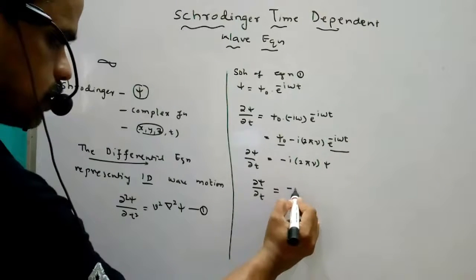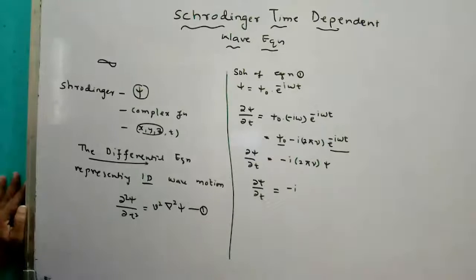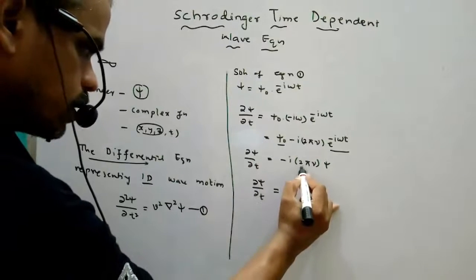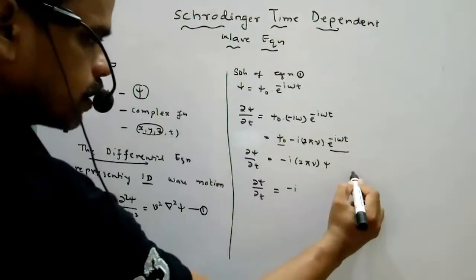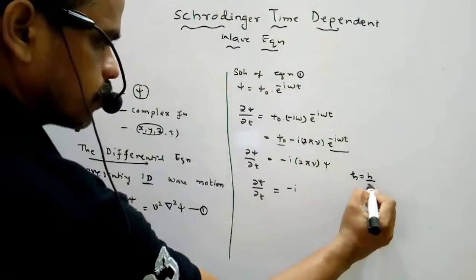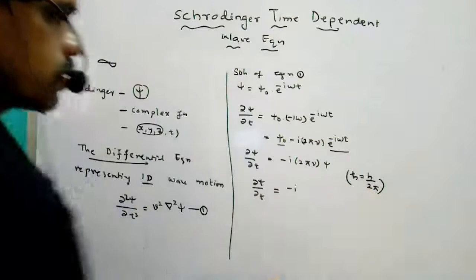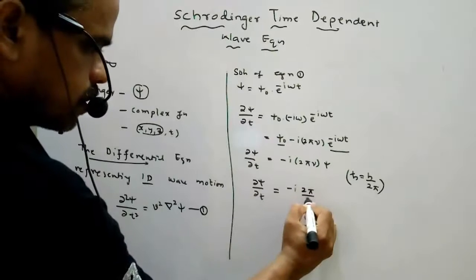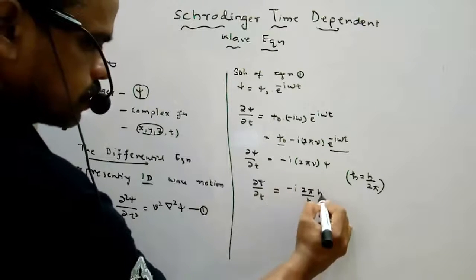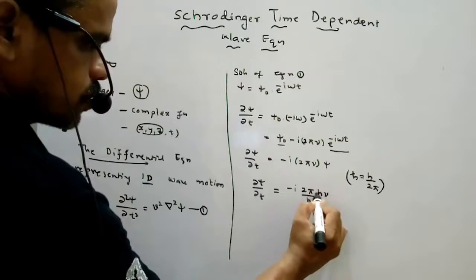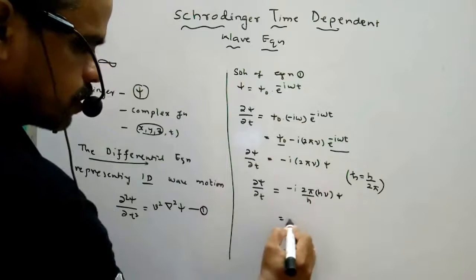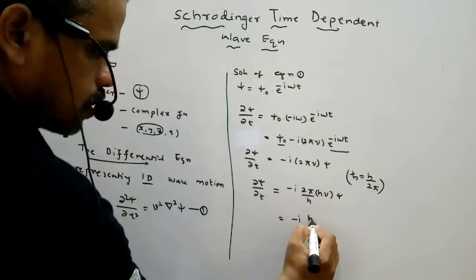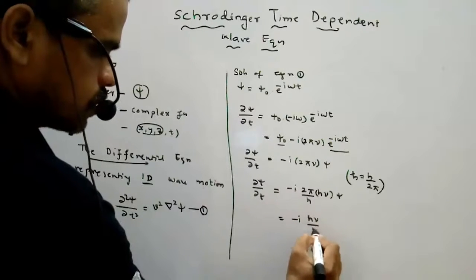So here h cut equals h by 2 pi. Just multiply with h and divide with h: nu into psi, so we can write 2 pi by h equal to h nu by h cut.